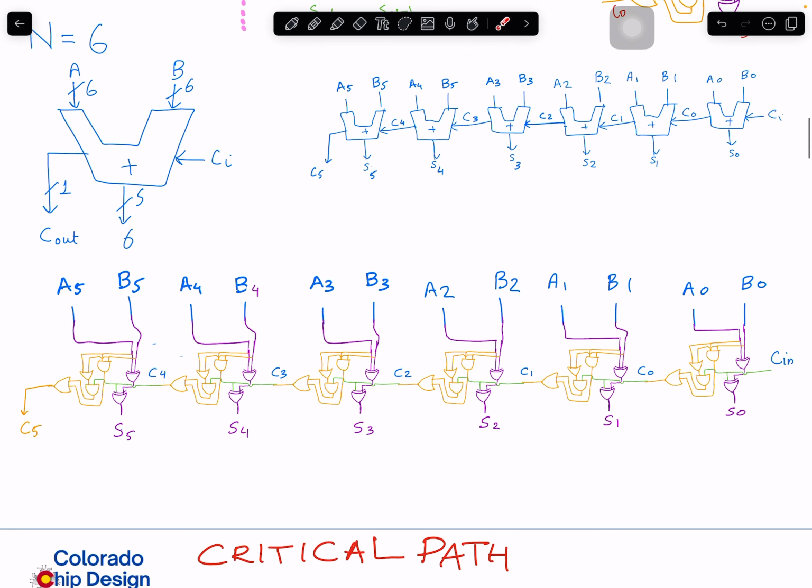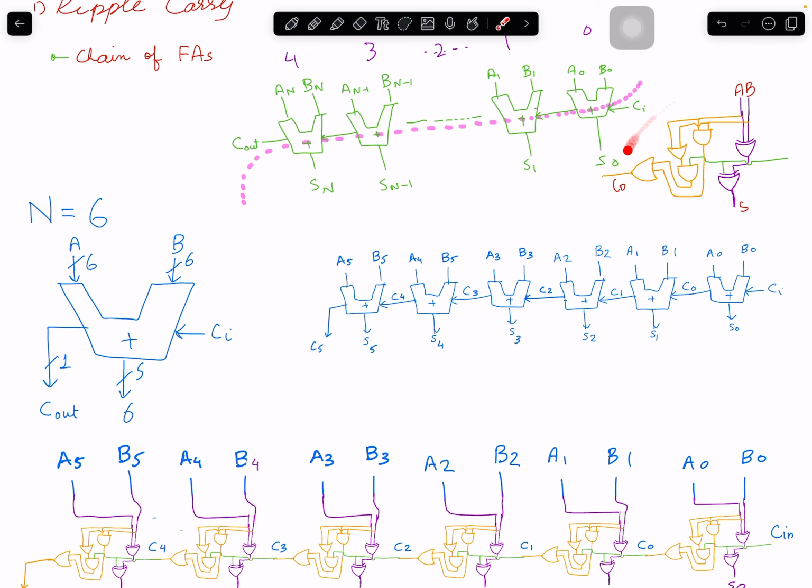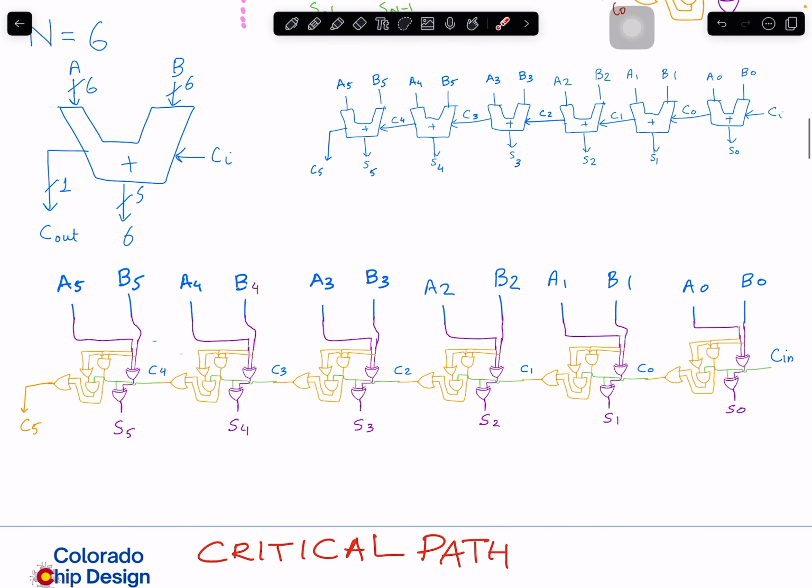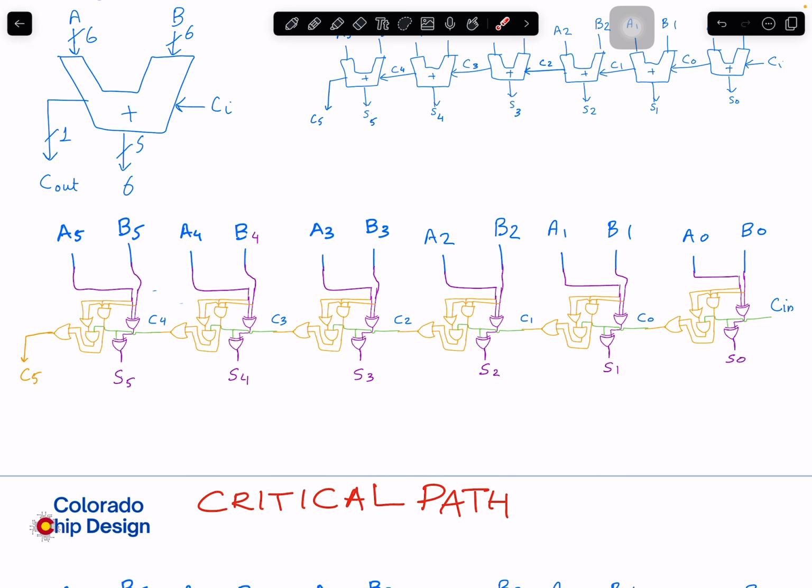What I did now is take the full adder circuit that I was showing and put it inside each block, just to show you how things are calculated. Each full adder needs a stable carry in before its sum is valid and its carry out is valid.